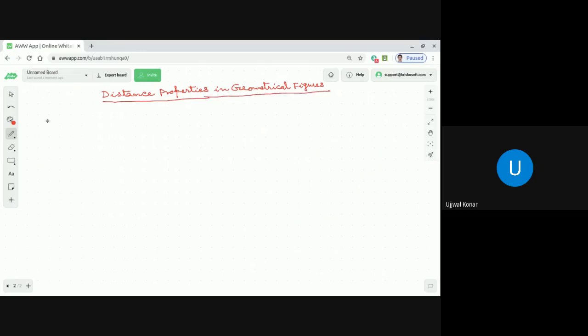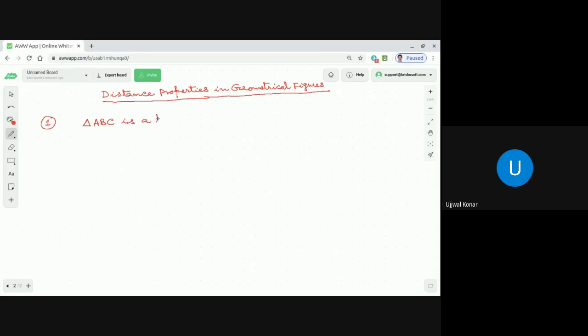The first consideration, dear students, is a triangle. If ABC is a triangle, this is the way a triangle is denoted by means of a triangle shape.